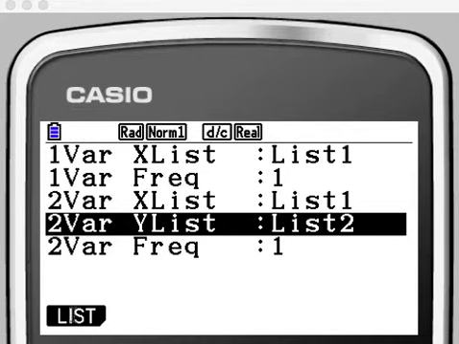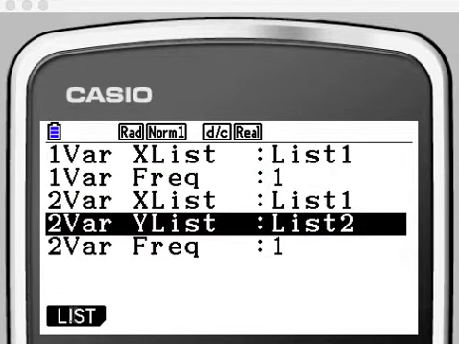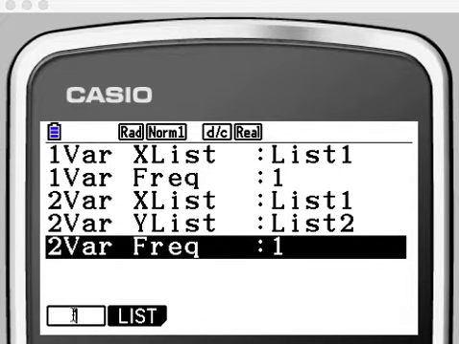Suppose we wanted to change that, we could press the list key and then type the list number that we wanted to use in our calculation. Of course, in this case, we've already determined that we want list 2, so I typed 2 in for that list and I press return on my computer keypad, and that verifies that all of the values are correctly set.